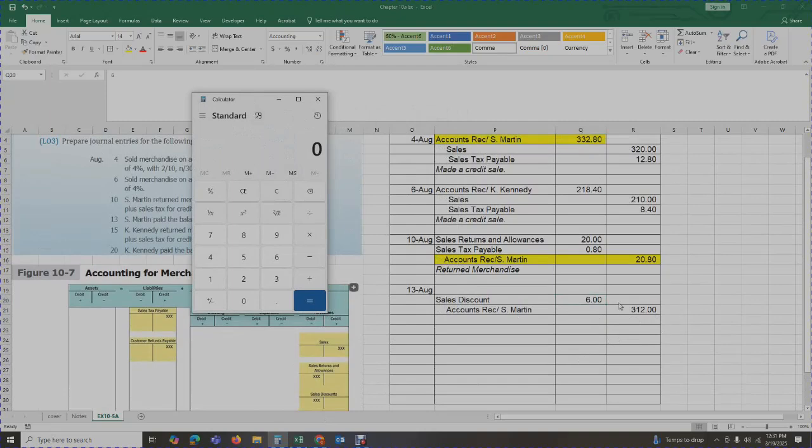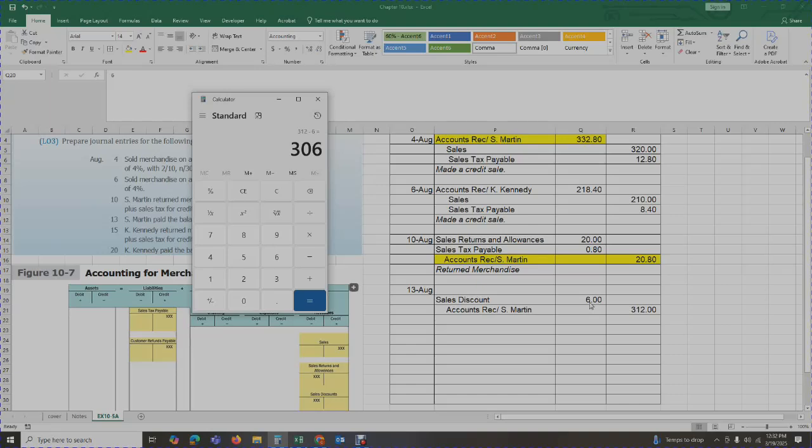Martin owed me $312. That includes the sales and the taxes. So we have $312 that Martin owes me for everything combined. Martin got a discount on the merchandise only of $6 for paying within the 10-day period.